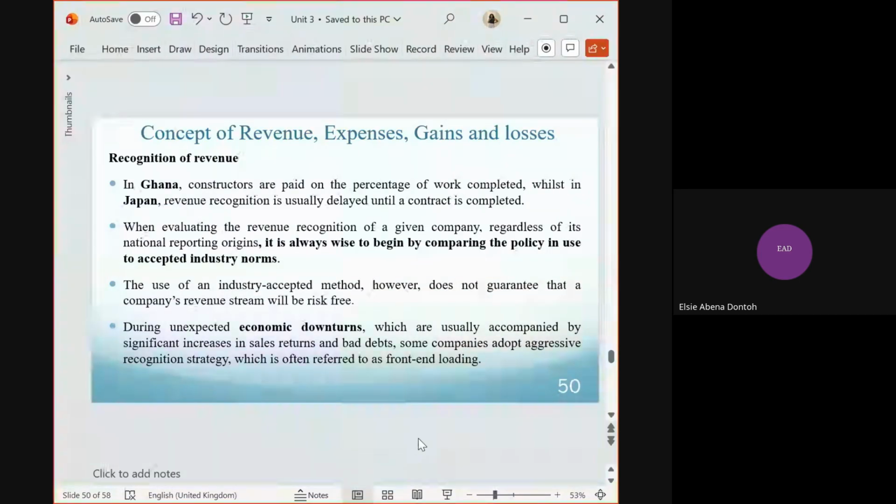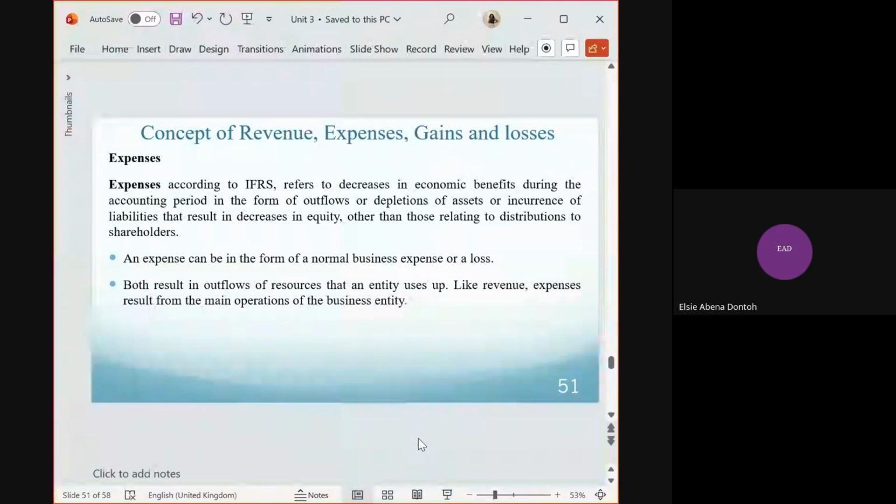In Ghana, contractors are paid on percentage of work completed, whilst in Japan, revenue recognition is usually delayed until a contract is completed. When evaluating the revenue recognition of a company, regardless of its national reporting origin, it is always wise to begin by comparing the policy in use to accepted industry norms.